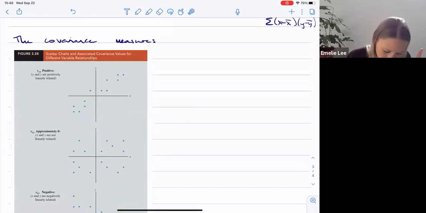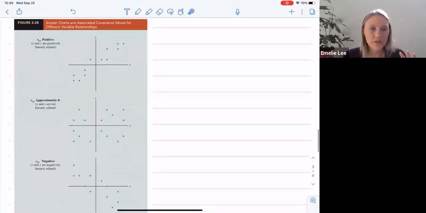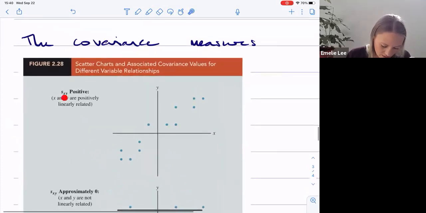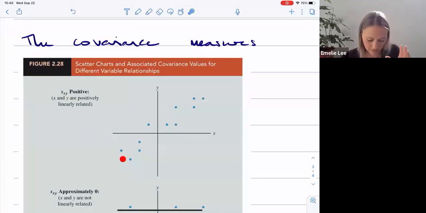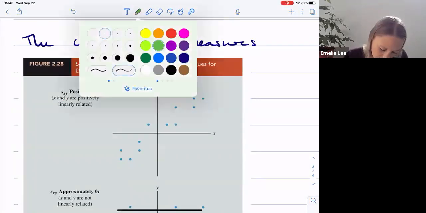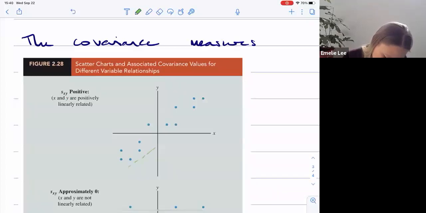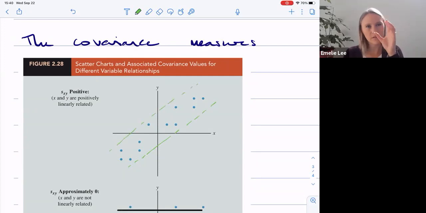Okay. So here, just for a visual, if we have a positive covariance, then we're going to have something like this. So notice that we've got this strip of information, so all the data is kind of changing together.